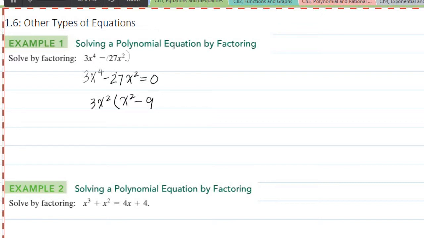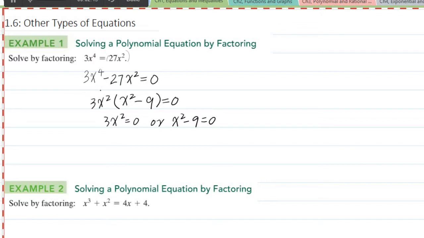You factor x squared out, and then there's nothing left here. That equals 0. Once we have this, we can set it to two equations: 3x squared equals 0, or x squared minus 9 equals 0.